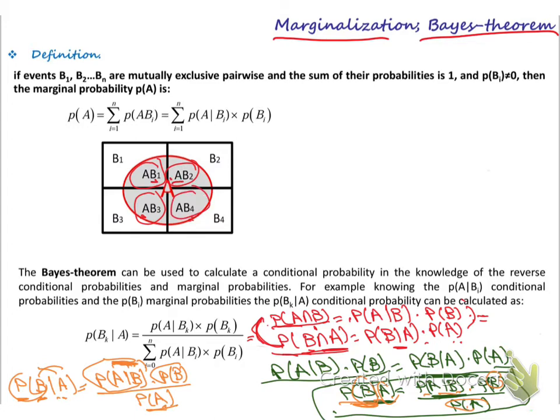In order to get the probability of A, take A out of them, only the probability of A. We have to get the sum of the probabilities of A intersect B1, plus A intersect B2, plus A intersect B3. So we have to get the sum of them, okay?